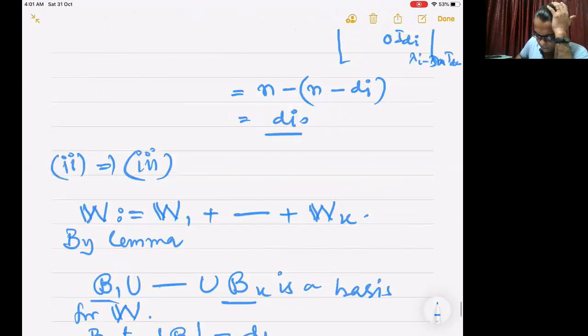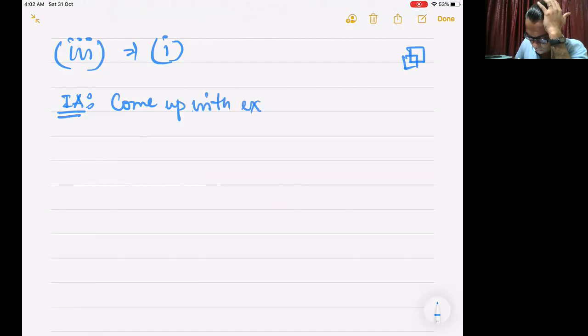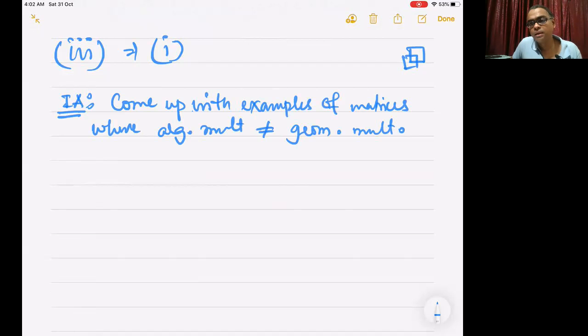So this goes to you as an immediate attention problem: come up with examples of matrices where algebraic multiplicity is not equal to geometric multiplicity, and convince yourselves that that is the situation when the matrix will not be diagonalizable. Yeah, is that all right?